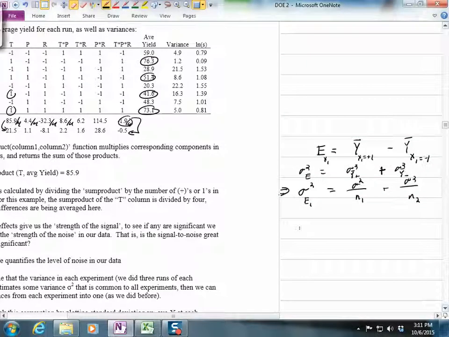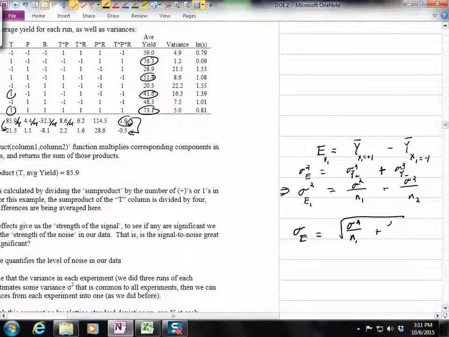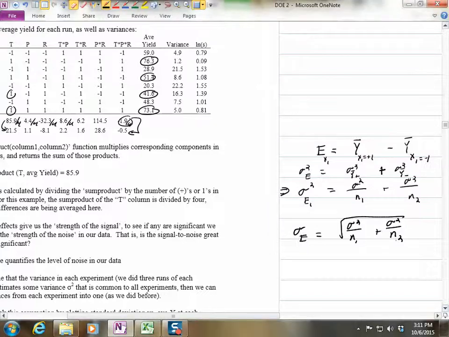And so then if I want just sigma, take the square root of all that. So square root of sigma squared over n1 plus over n2. If these two sigma squareds, these are the individual measurements, are the same at the high and low values, which we're always going to assume is the case, then we can pull that out front and just call it sigma.